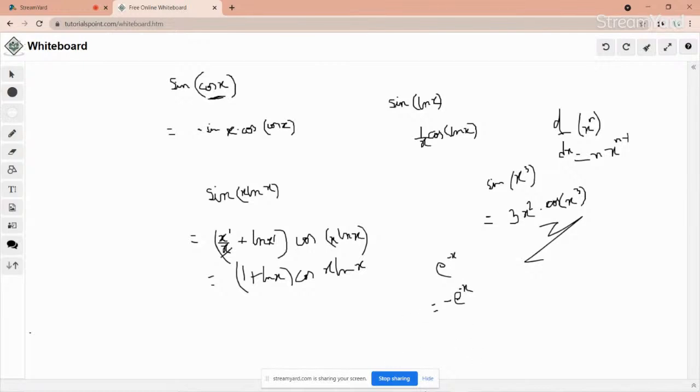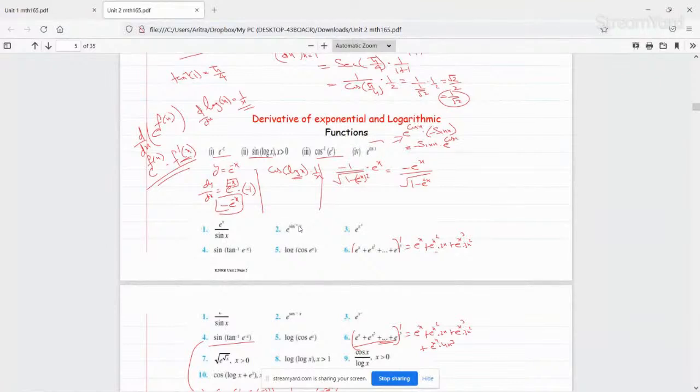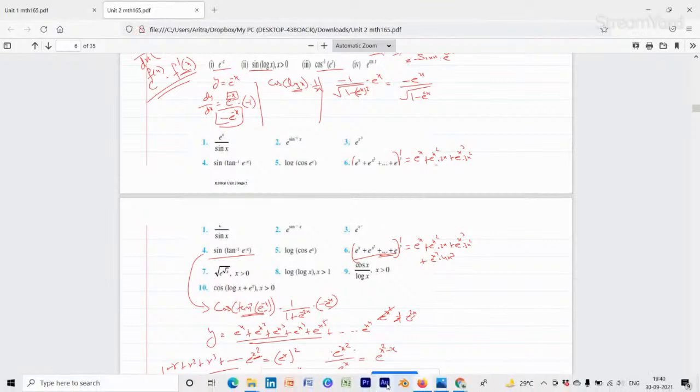Done. Then some like this come, e to the power sine inverse x, or e to the power x cubed. In these you are using the derivatives of exponential and logarithmic functions only, but at the same time you are using the composite rules. Okay, let me show you this: log of cos e to the power x.